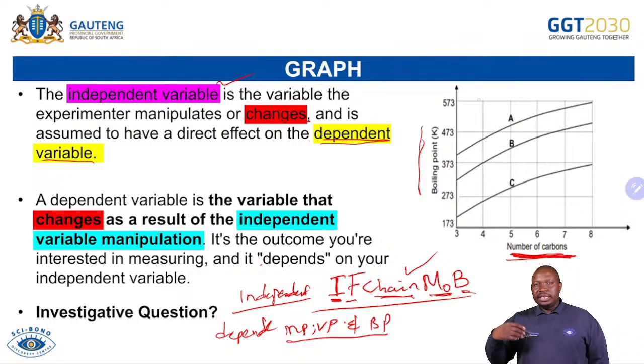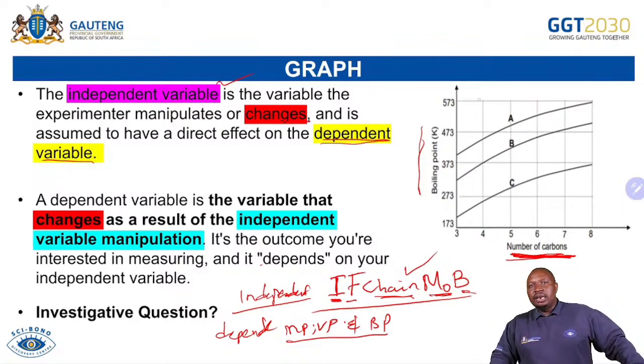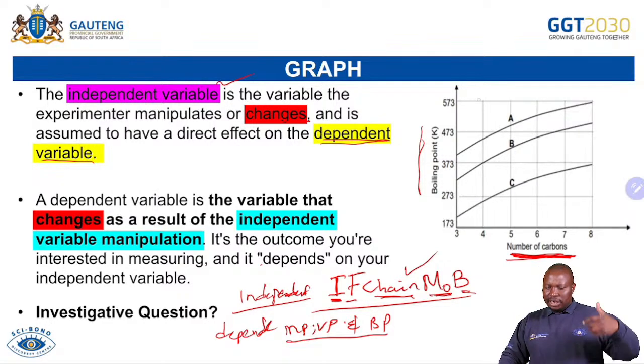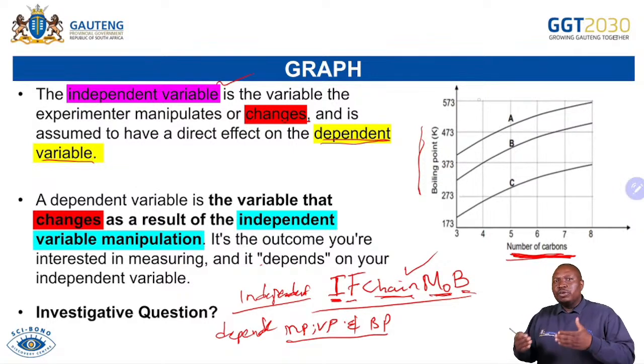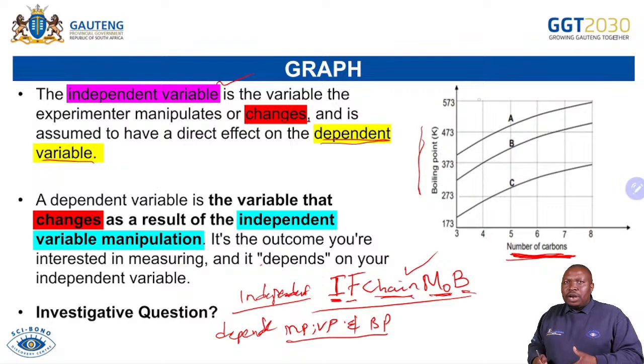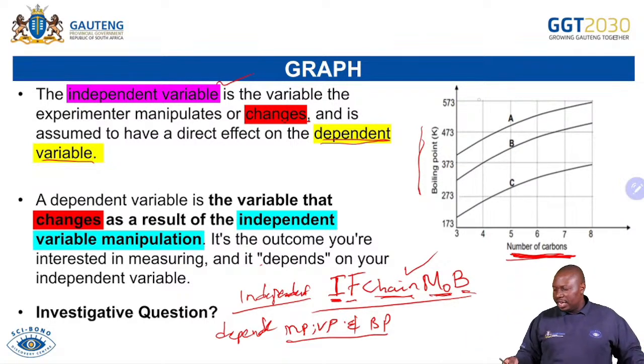You're able to see that relationship. Please avoid using "directly proportional" when answering questions under this section. Rather say, as the number of carbons increases, the boiling point increases. You are referring to how the independent variable affects, or impacts, your dependent variable.